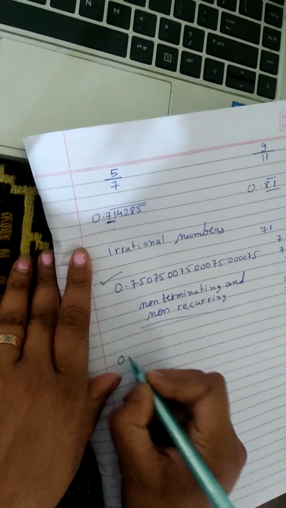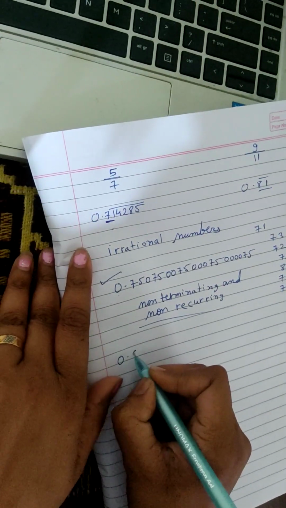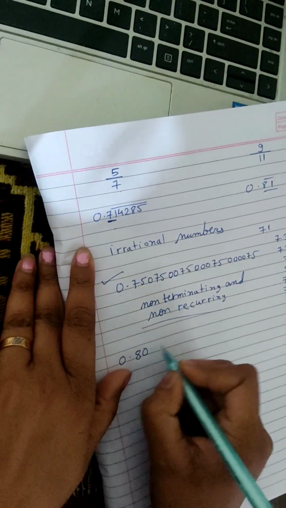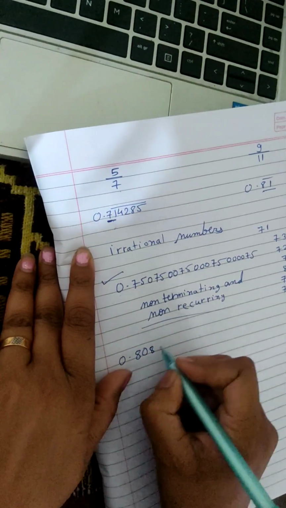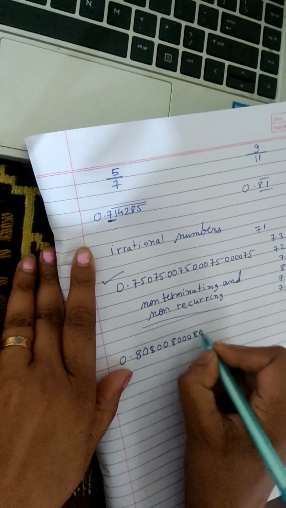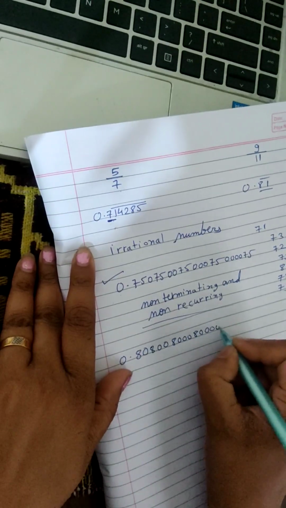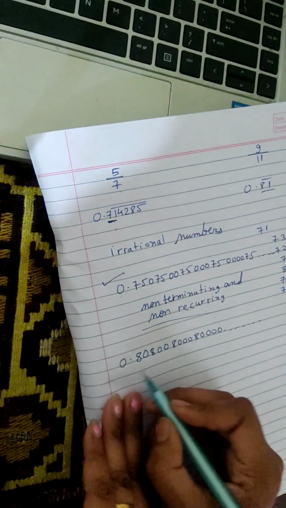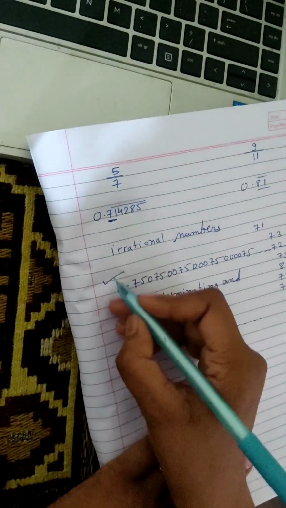Now for the second irrational number, let's take 0.80. So it will be 0.80 then 0 8, then 0 0 8, then 0 0 0 8, and so on, because this is non-terminating.